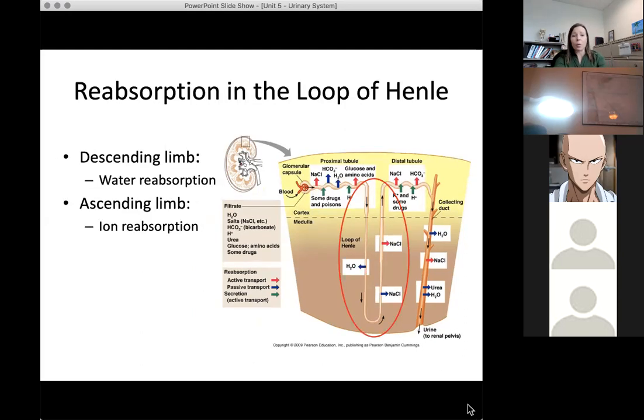Then there's a little bit more in the next part of the tubule, which is the loop of Henle. The two sides of the loop reabsorb different things though, and that's important to keep in mind. The descending side, where filtrate is flowing down, absorbs water, maybe about 15% of the water that gets reabsorbed happens here.